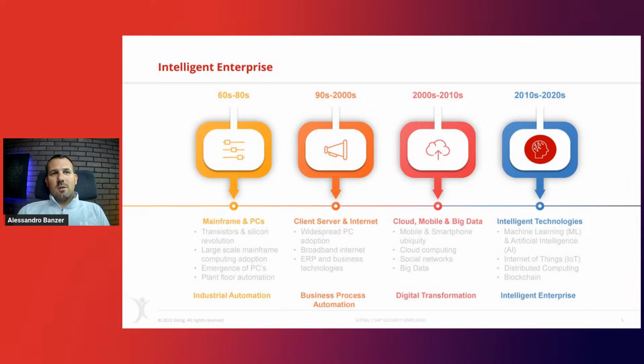And when we talk about IT today, we're not just talking about computers, servers and applications. We talk about the intelligent enterprise or intelligent technologies, meaning everything needs to be connected. We have to enable and leverage capabilities from machine learning and artificial intelligence. And like I said, everything needs to be connected.